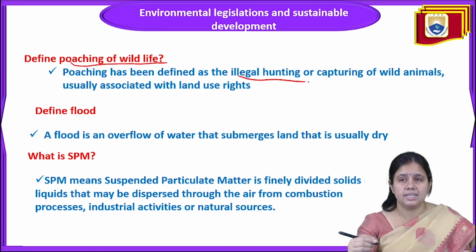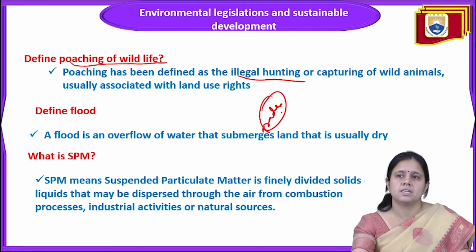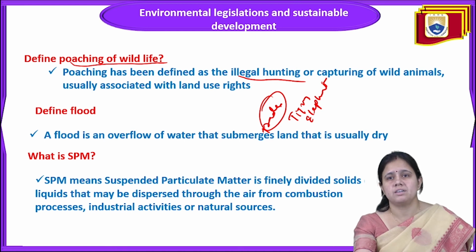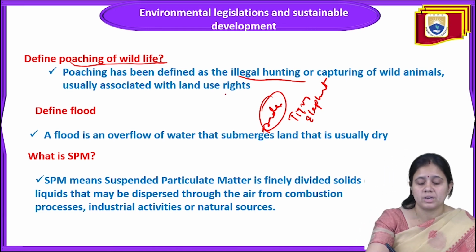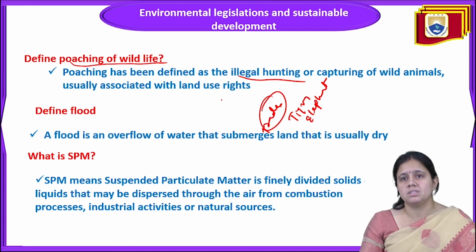Means illegal hunting for international trade, for example of tiger and elephant, and the capturing of wild animals that is usually associated with land use rights, meaning from where that wild animal belongs. So this is the definition of poaching of wildlife: illegal hunting for international trade or capturing of wildlife that is associated with land use rights.